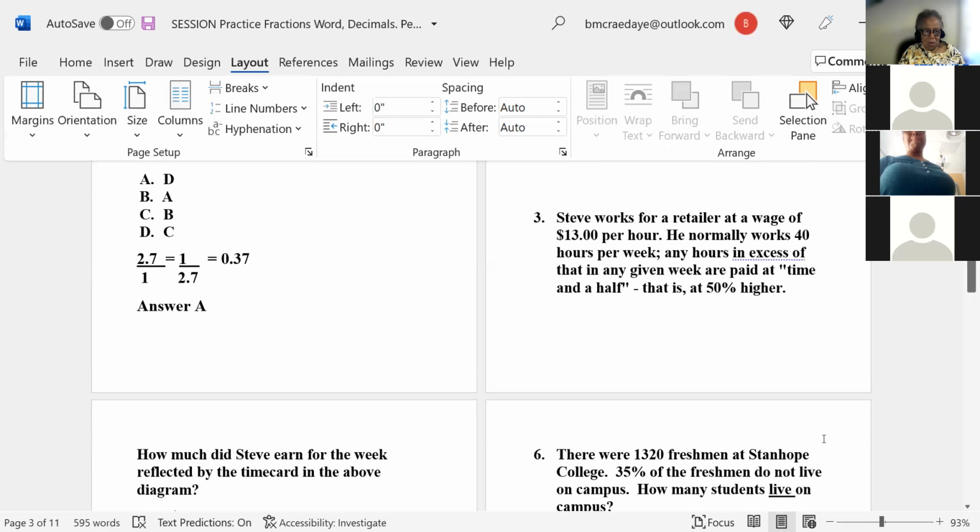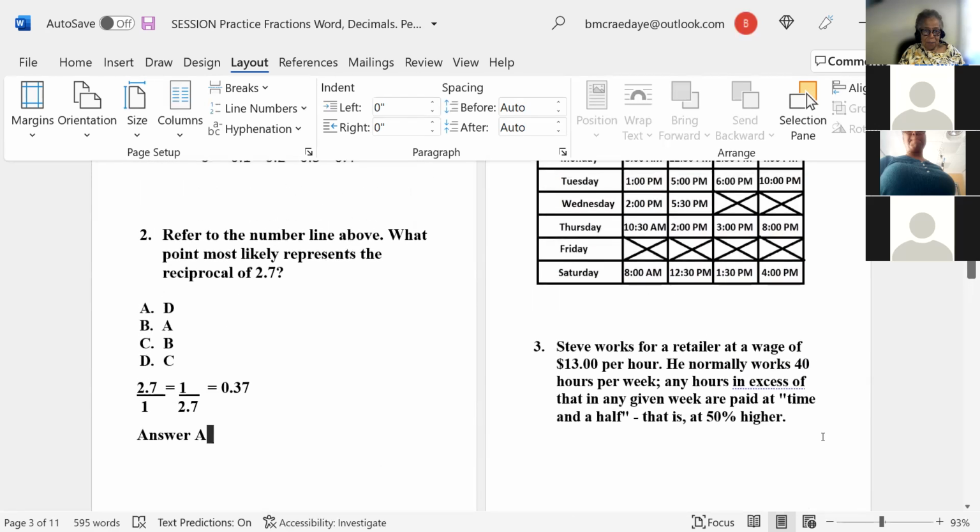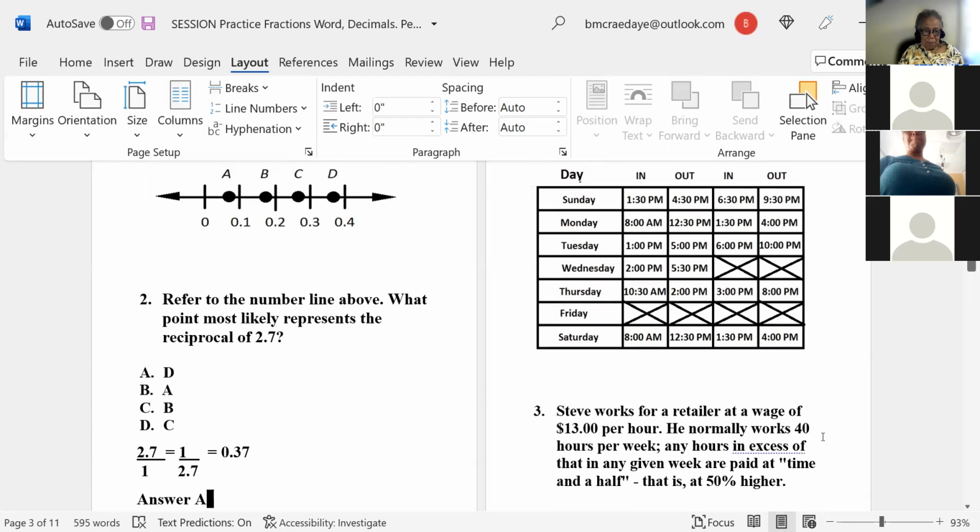I want to understand time and a half. Time and a half means you get $13 plus half of the 13. Half of 13 is $6.50, so that would be $19.50, right? You get the hourly pay plus half of the hourly pay.